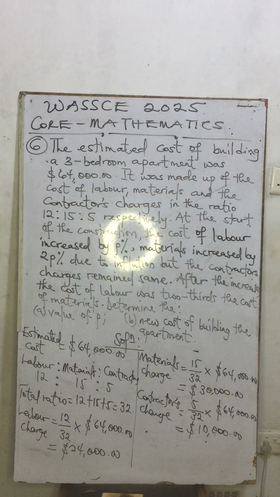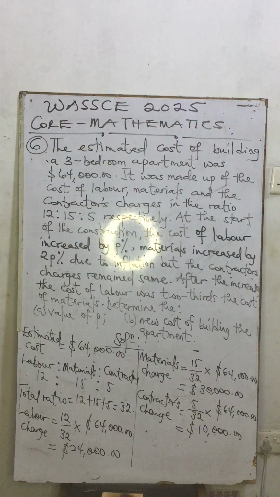So that's the charge for each item: the labor charge is $24,000, the materials charge is $30,000, and the contractor's charge is $10,000. So that's the charge for each particular cost.